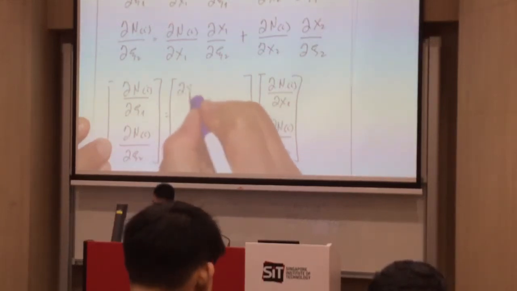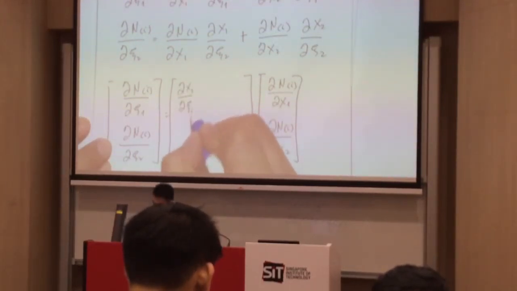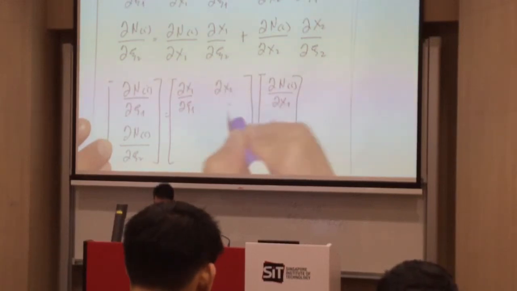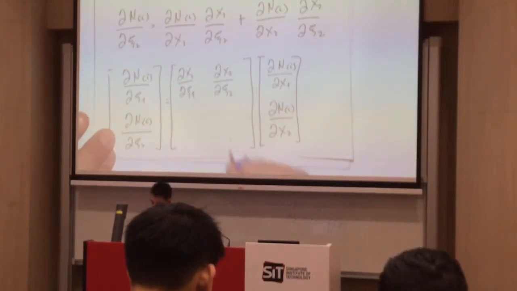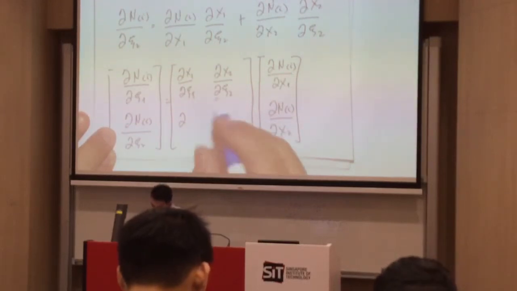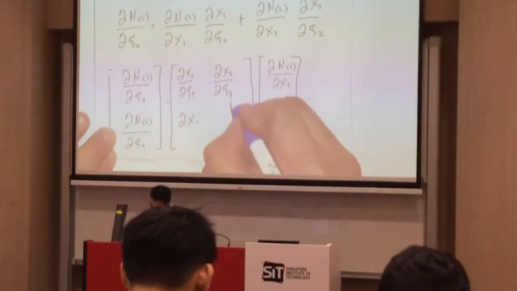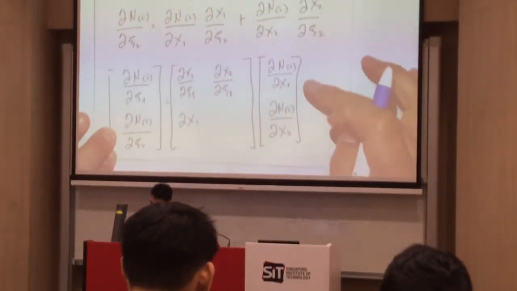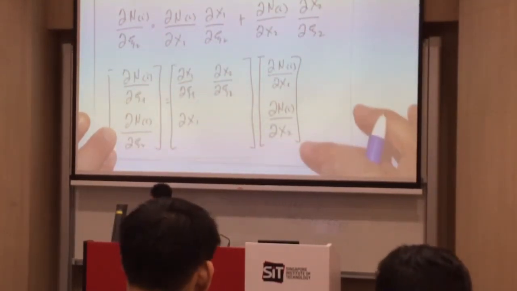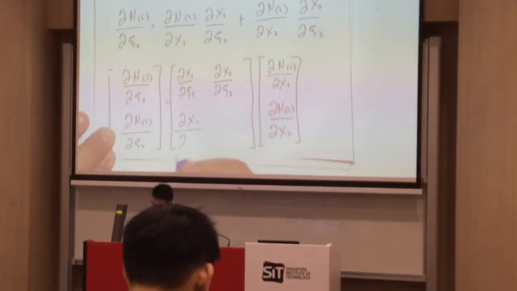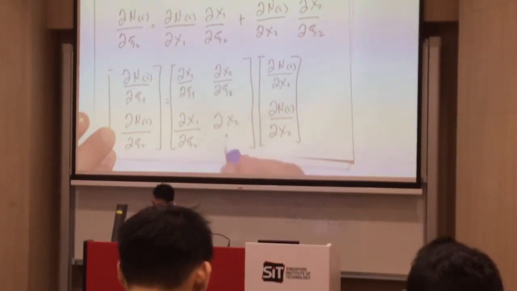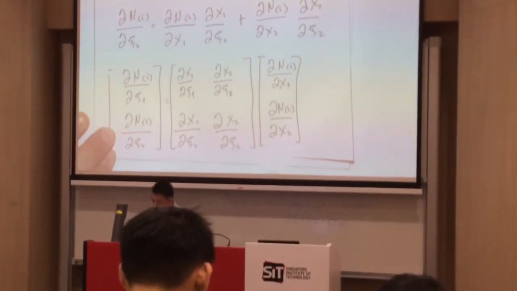So partial x1 with respect to c1, partial x2 with respect to c1, oh sorry, that's c1. Partial x1 with respect to c2, partial x2 with respect to c2.